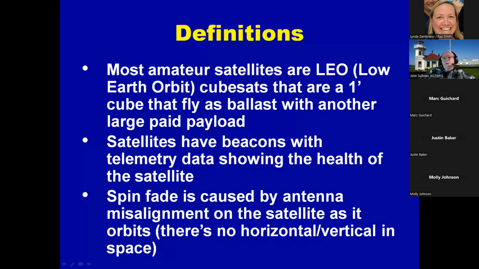One of the problems with satellites is that they're spinning up there in orbit, which means you get a characteristic called spin fade, which happens because the antenna is rotating and moving through space, so the signal is going to get stronger and weaker depending on how that antenna is pointing.